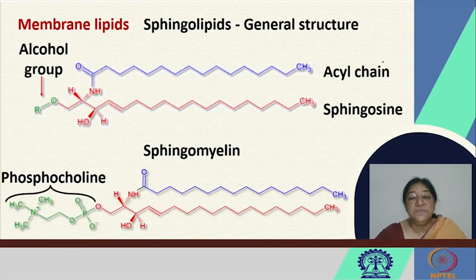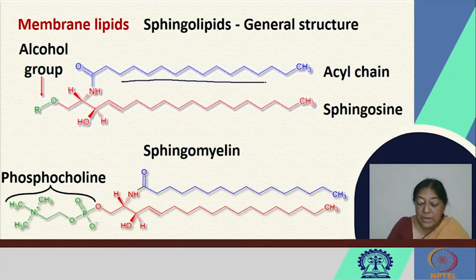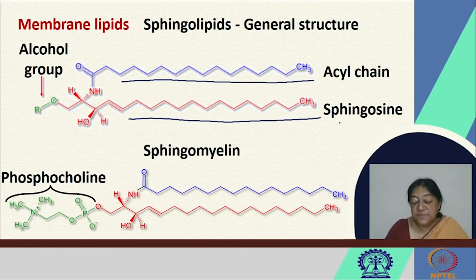So if we look at the sphingolipids, in this case we have one that is an acyl chain, the other that is a sphingosine, all based on the fact that we have a polar head group and two hydrophobic tails brought about by the chain of CH2 moieties that are present here.